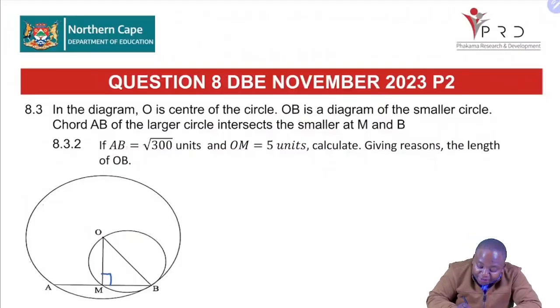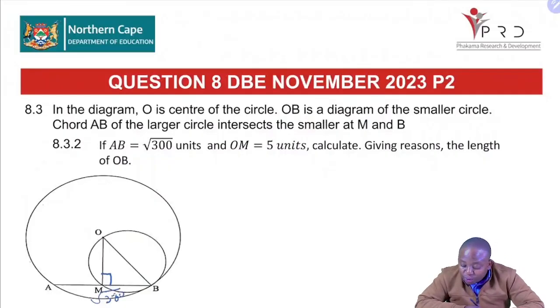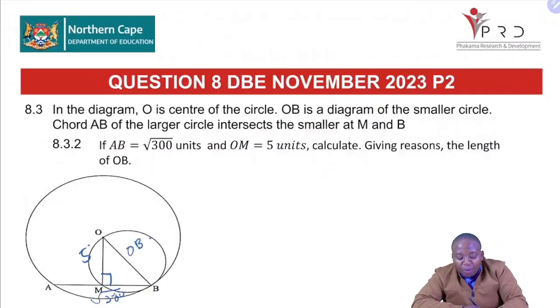They tell us AB is root 300, and we are also told that OM is 5 units. Calculate the length of OB. How would you find OB in this case?